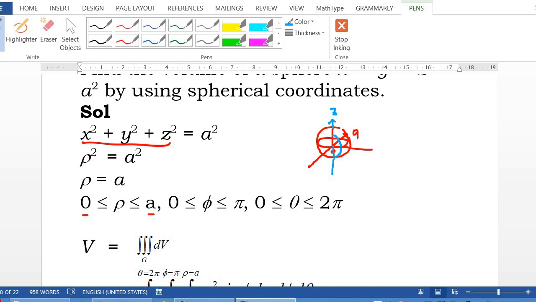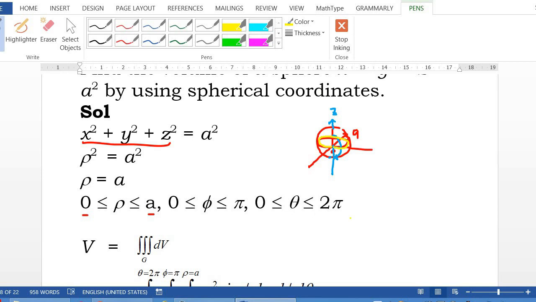For the sphere, you take a half cycle, that's why phi is 0 to pi. Theta is where we rotate horizontally in the circle, the yellow color, so theta is 0 to 2 pi.